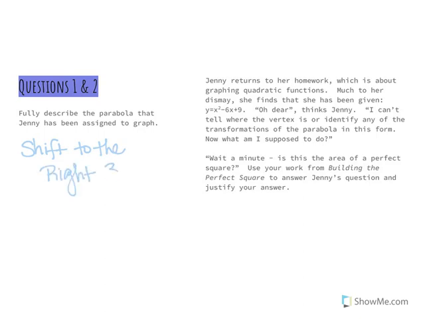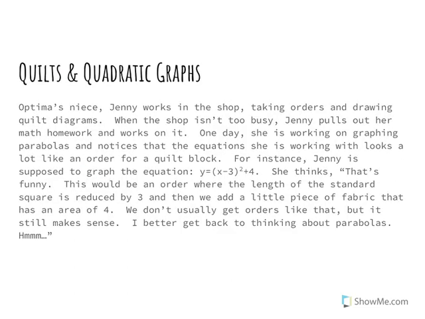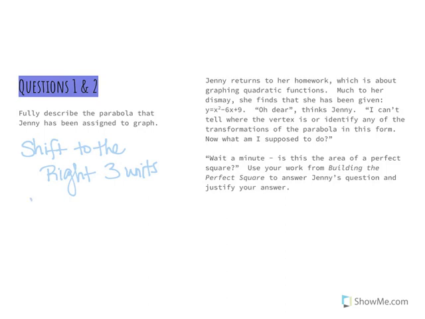That is to the right 3 units because the shift along the x-axis occurs prior to any shifting vertically along the y-axis. And then the problem said it was plus 4, so this would also represent a shift up 4 units. All right, so that's kind of what the graph would look like if Jenny were to graph it.